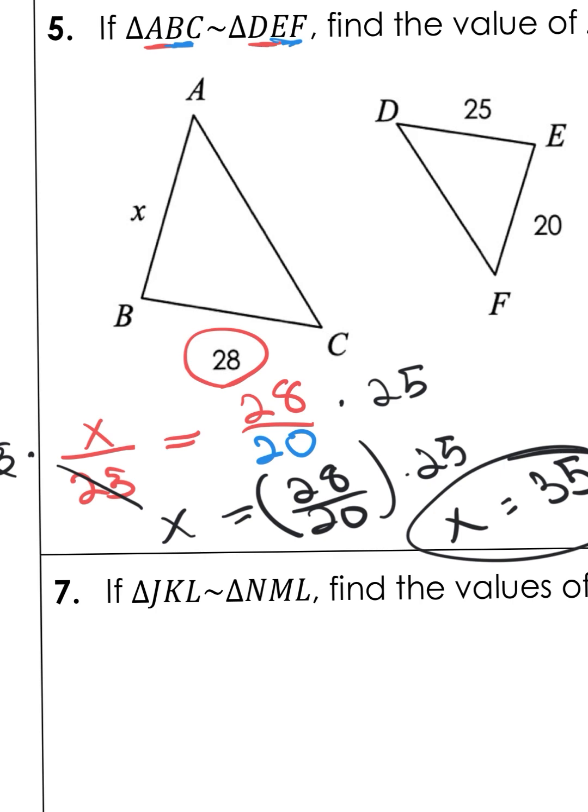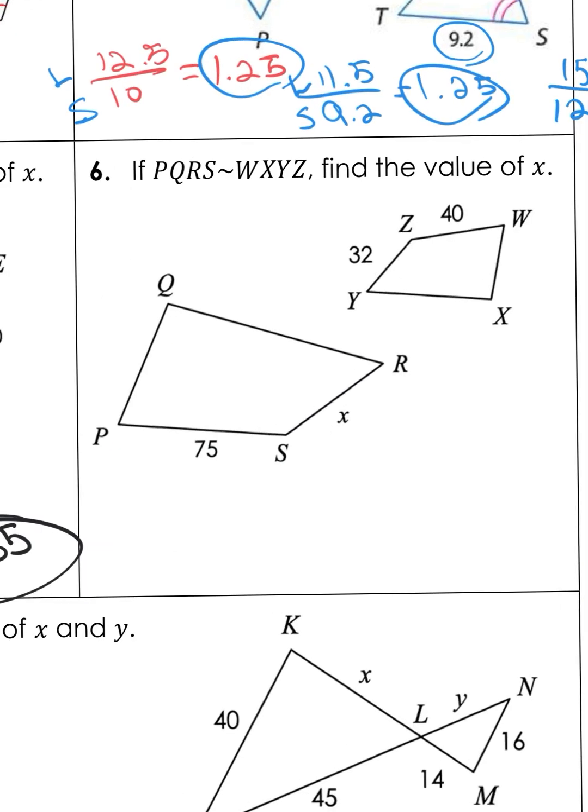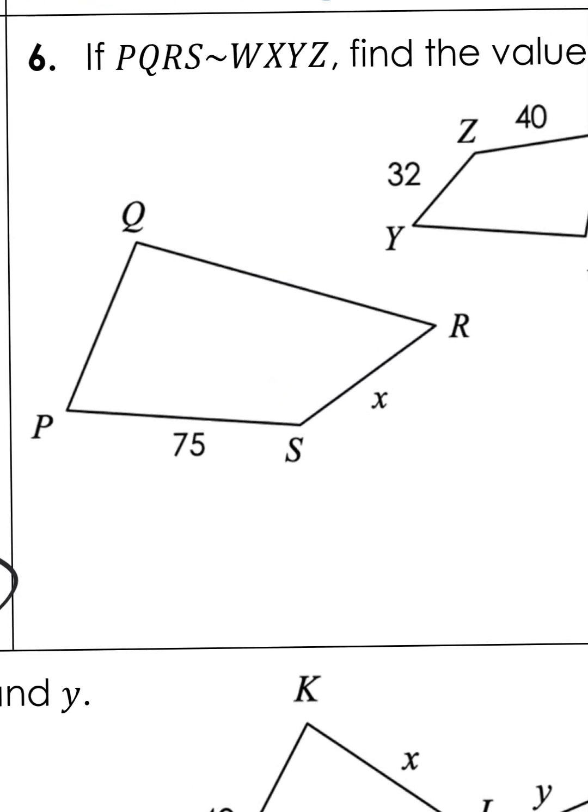Does that make sense? Okay, let's do one more. This value, x, I'm going to put that on top. That's the bigger of the polygons. And then I'm going to find its corresponding side. So SR corresponds to YZ. YZ is 32. So I'm going to put 32 on the bottom.